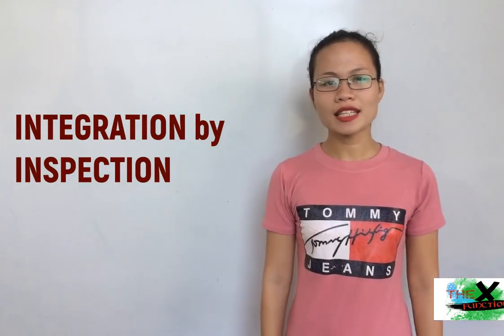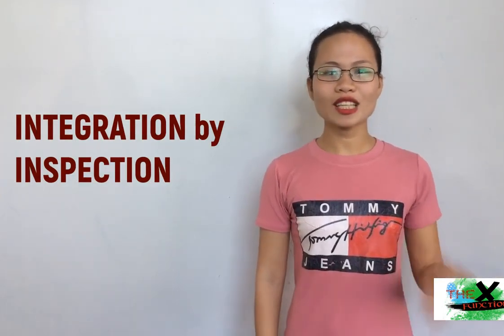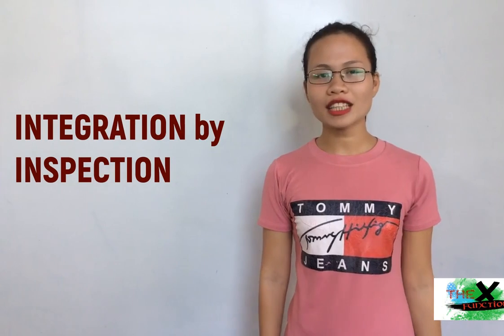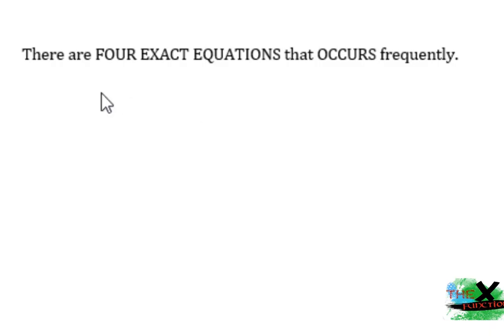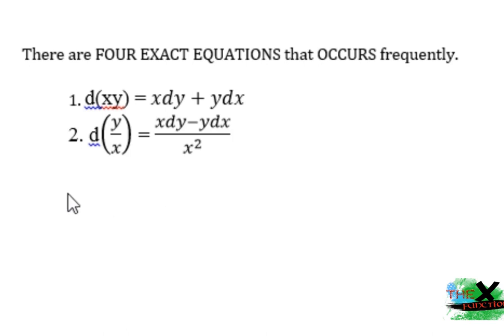Integration by inspection, also known as integrating factors found by inspection. There are 4 exact differentials that occur frequently. Namely, first, the derivative of xy is equal to x dy plus y dx. Second, the derivative of y over x equals x dy minus y dx all over x squared.